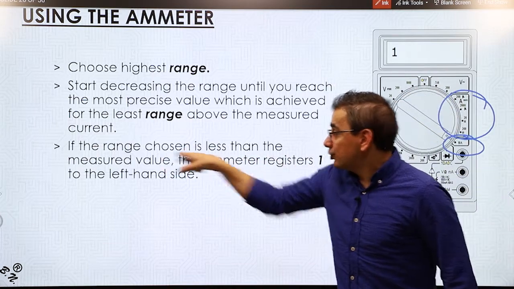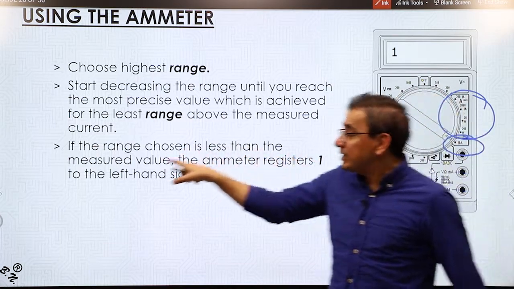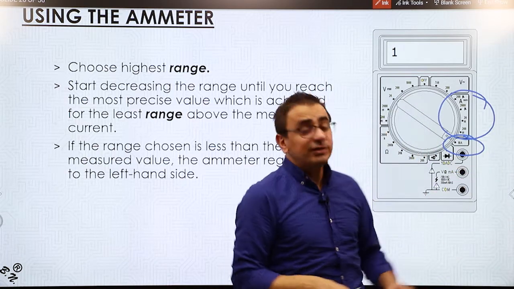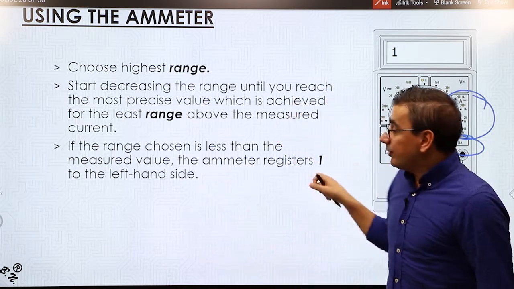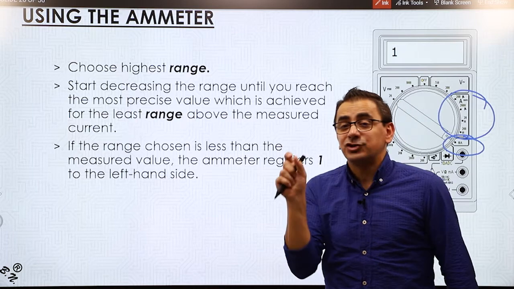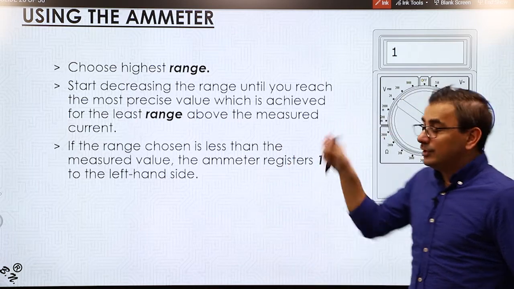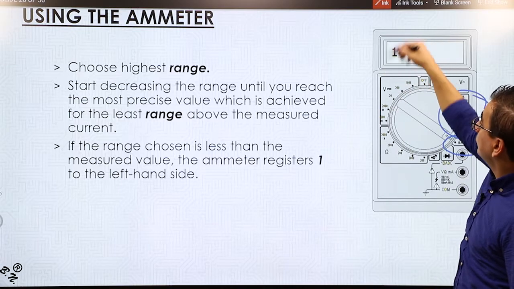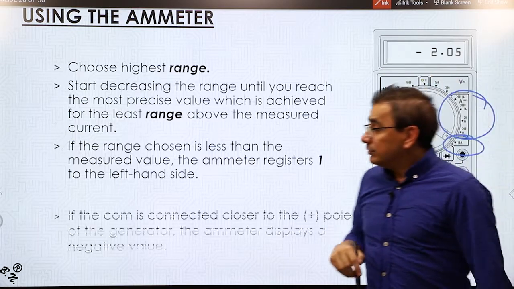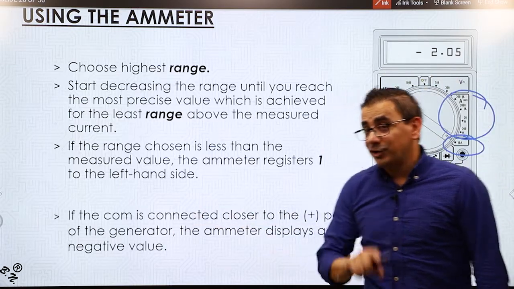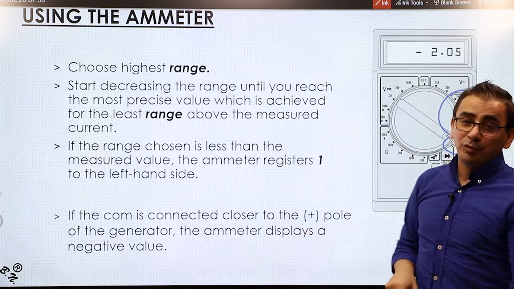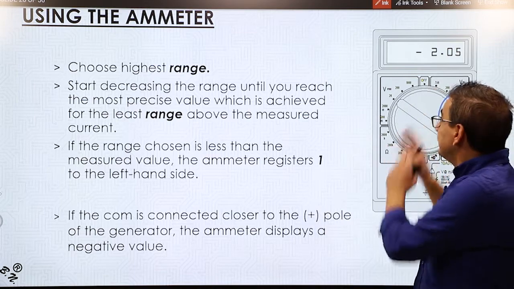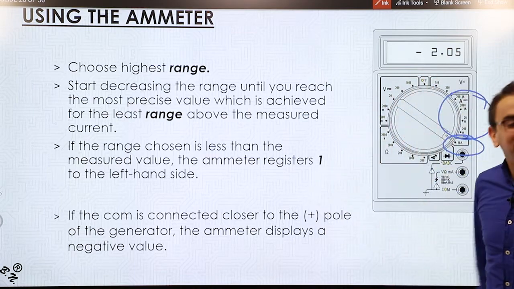If the range chosen is less than the measured value, you are measuring 5, and you choose, let's say, 200 milliampere, the ammeter simply registers and shows you the number 1 on the left-hand side. You'll just see 1 here. Notice? Now, if the COM is connected to the positive pole or closer to the positive pole of the generator, the ammeter still gives you a value, but it's going to become negative.